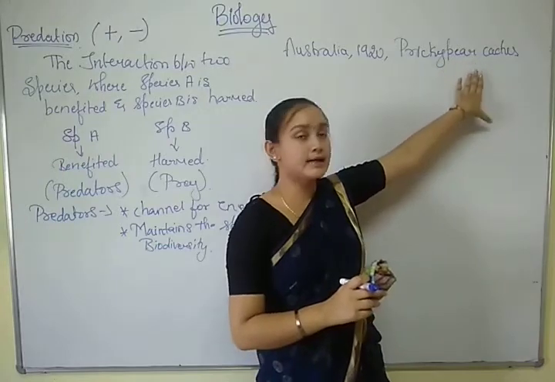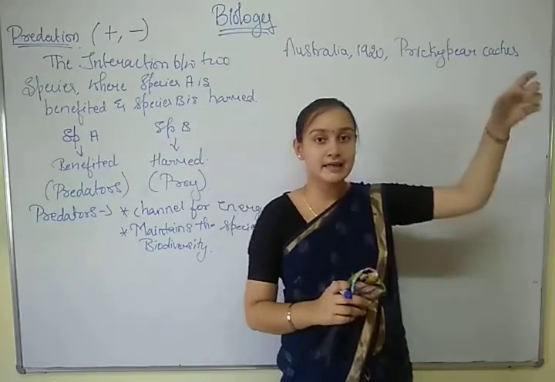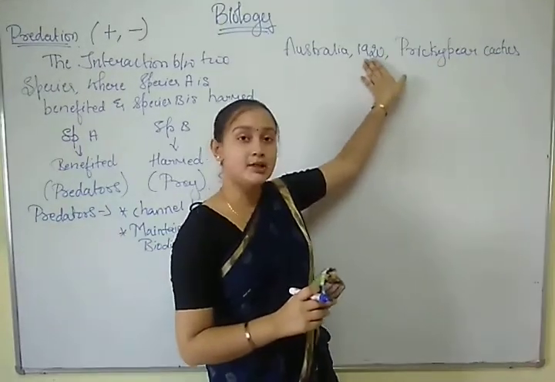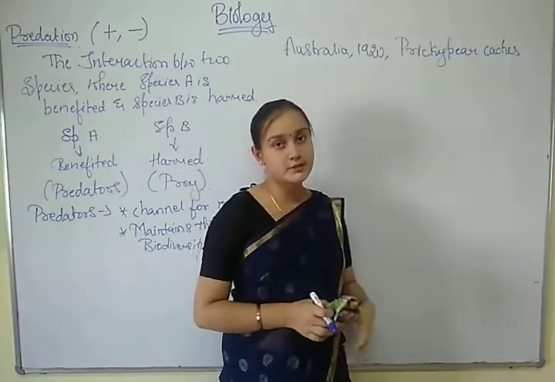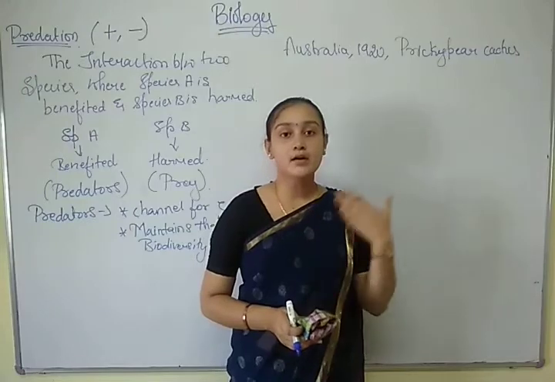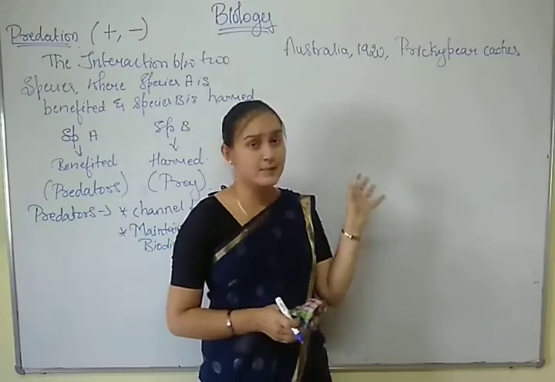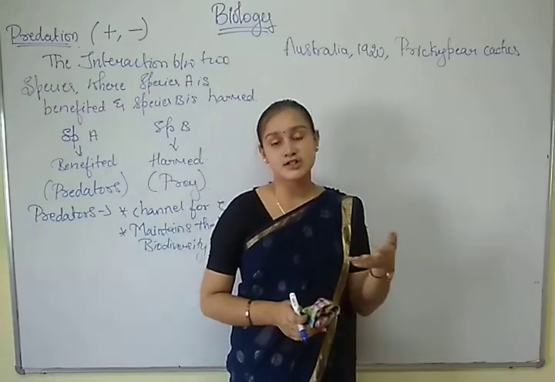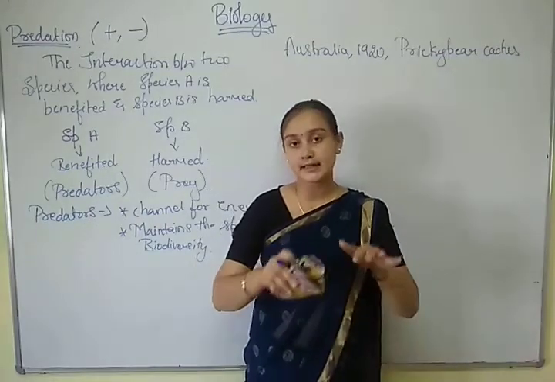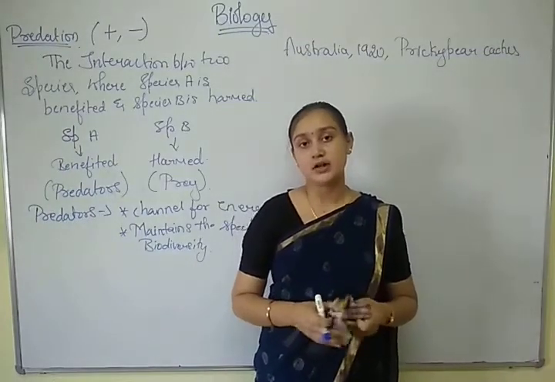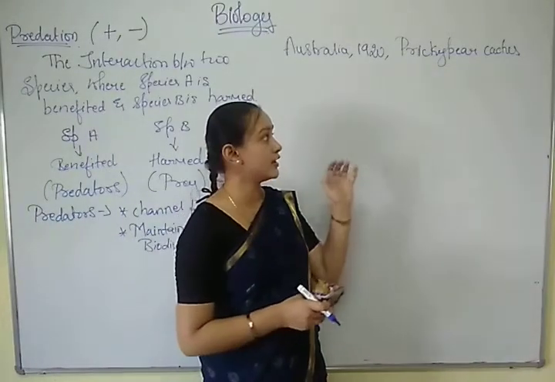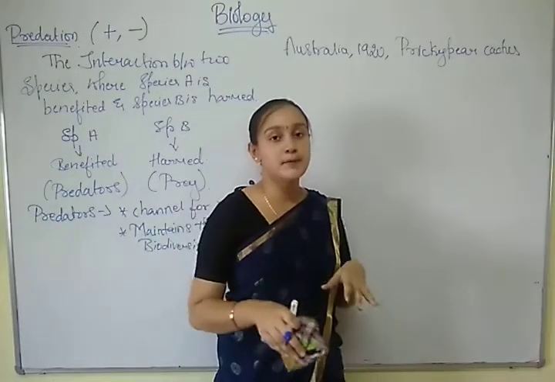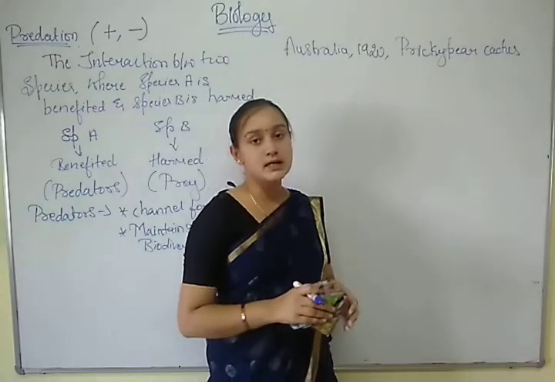The prickly pear cactus number increased in the year 1920 in Australia. This was an exotic species. The number of this species increased so much that it caused a headache in that region, and that particular place was covered with this plant.